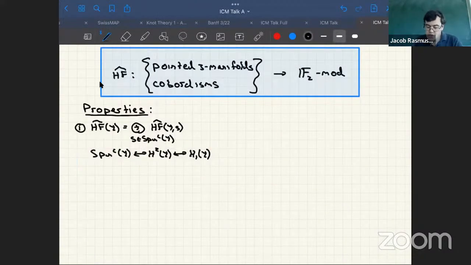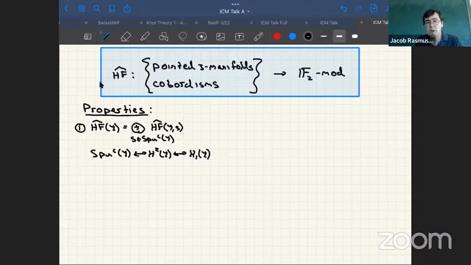Okay, so let me tell you a few things about this functor HF hat. Maybe before I go any further, let me say that there are other flavors of Heegaard Floer homology, but taken all together, this Floer homology for 3-manifolds is far and away the best studied and most interesting TQFT that we know about.